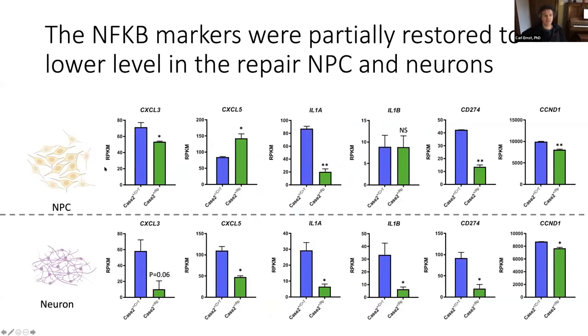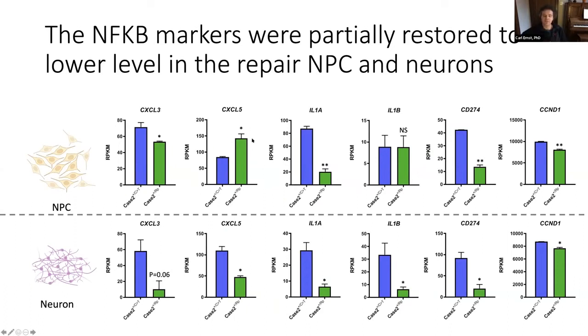Same thing in the neural progenitor cells versus the neurons, we see the decrease. So now we're trying to show we can rescue the effect on NF-kappa B, the specific pathway. We're mutating the mutant EHMT1 back to healthy EHMT1 DNA, and it's lowering the effect. We're comparing it to the mutant itself.